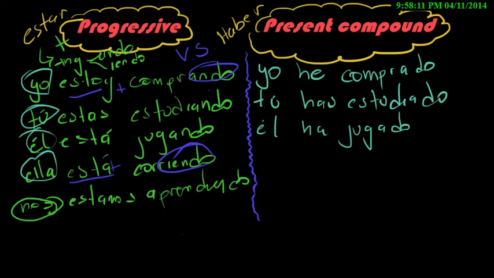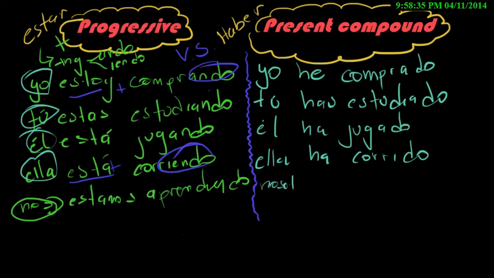She is running. She has run. Ella ha corrido. We are learning. We have learned.